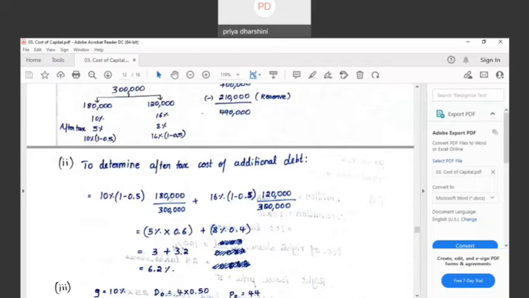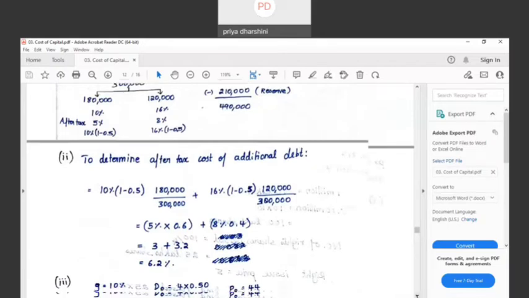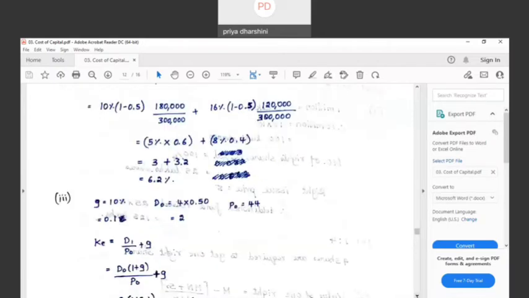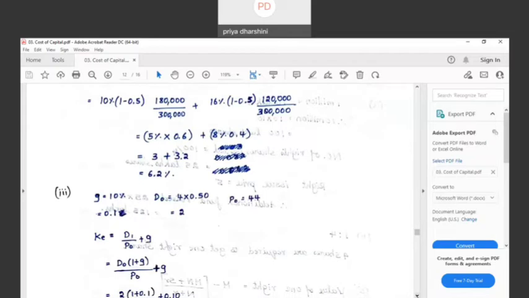For 1,80,000 of debt, the cost is 5%. For 1,20,000 of debt, the cost is 8%. I'm talking about after tax. So what is the total cost of debt? Total cost of debt will be 6.2%.